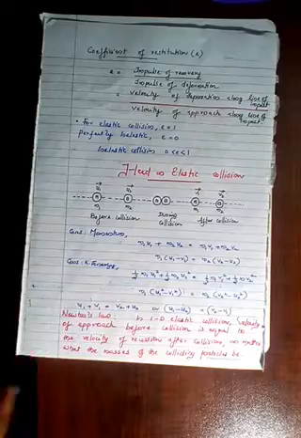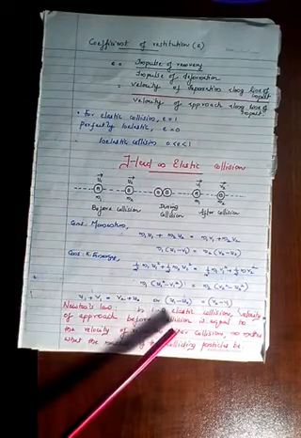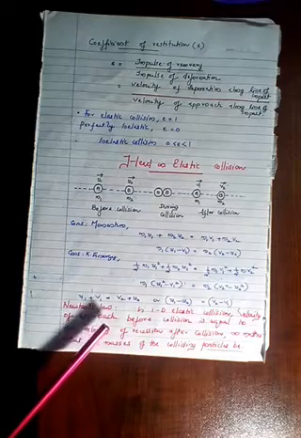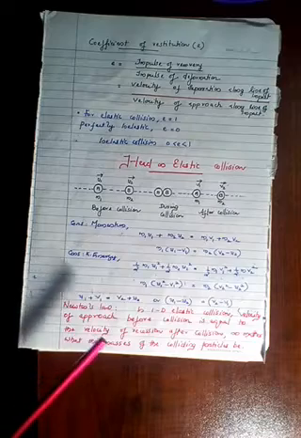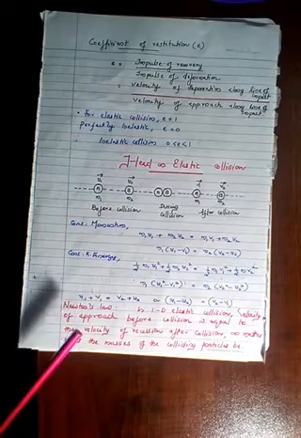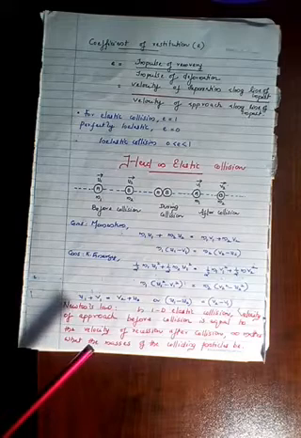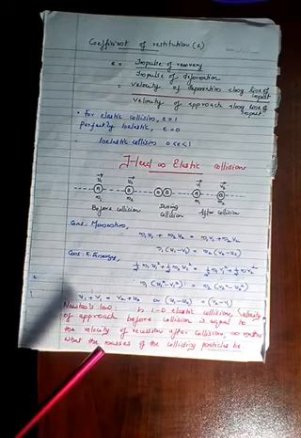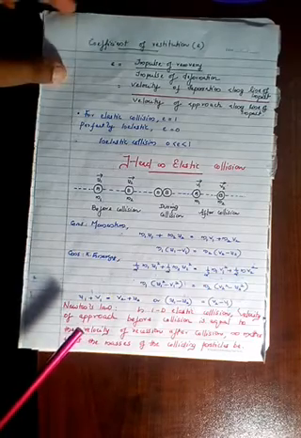By using that concept, that is Newton's law, in one-dimensional elastic collision, the velocity of approach before collision is equal to the velocity of recession after collision, no matter what the masses of the colliding particles be. The very important Newton's concept.